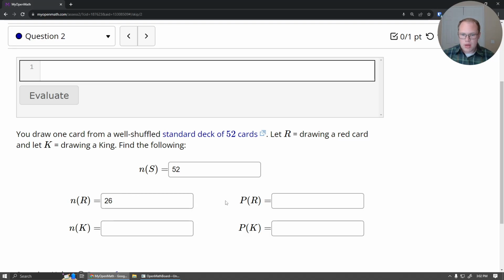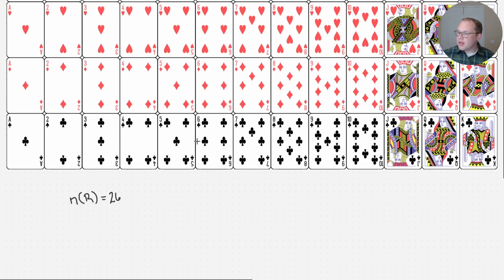Let's calculate the probability of drawing a red card. Now, drawing cards from a deck, each outcome is equally likely. There's not one card that's more likely to happen than another, right? If you've shuffled the deck well, each card has the same chance of being drawn.